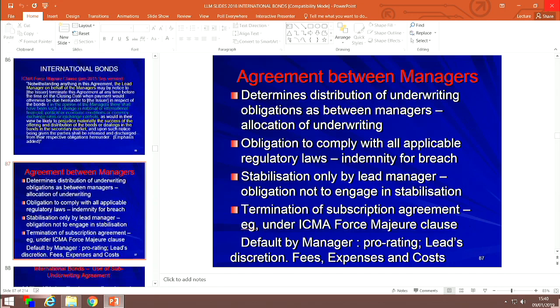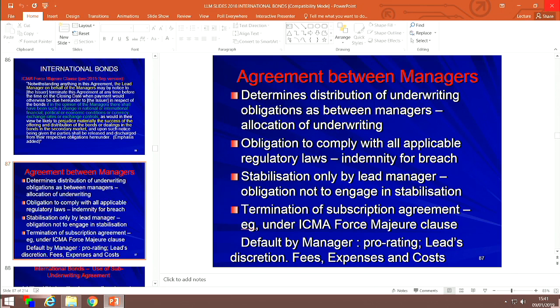Now let's see what happens in the agreement between managers. In the agreement between managers, that termination right is given without question, without qualification, without condition to the lead manager. In other words, the other members of the syndicate abrogate their right to control the lead manager's exercise of rights to terminate the subscription agreement under the ICMA force majeure clause.